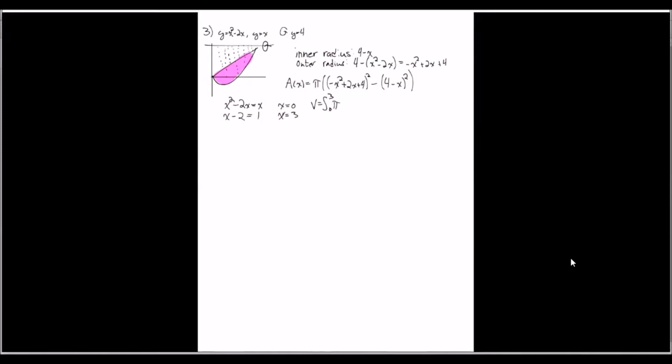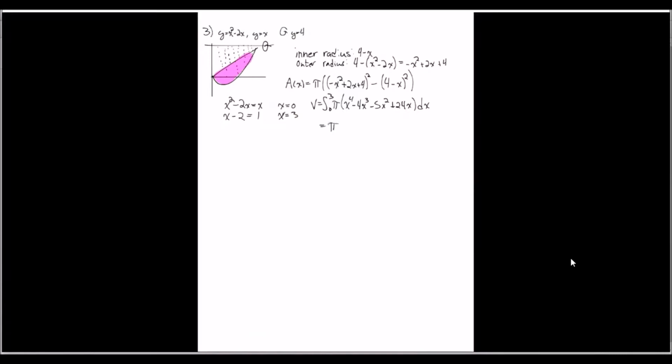pi. And then let me go ahead and FOIL this out. x to the 4th minus 4x cubed minus 5x squared plus 24x dx, right? And we go ahead and do this integral.